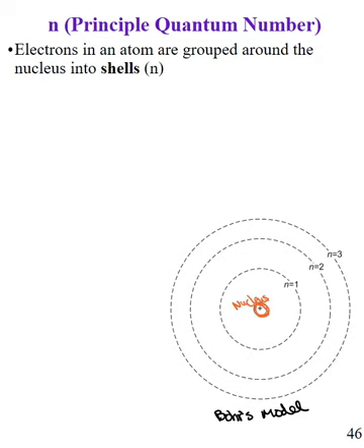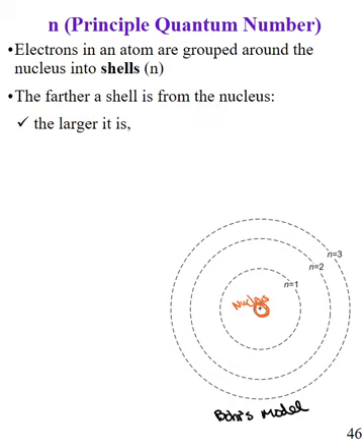So you have some electrons in the first shell, n equals 1. You have some electrons in n equals 2, and so forth. The farther a shell is from the nucleus, the larger it is. That hopefully should make sense, because n equals 1 is fairly small.